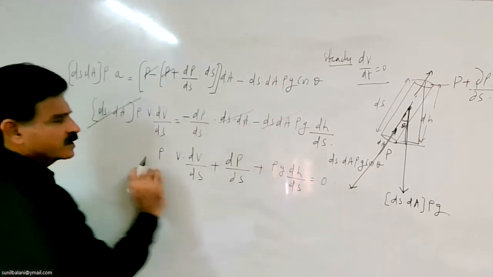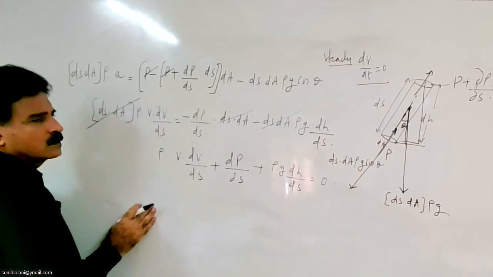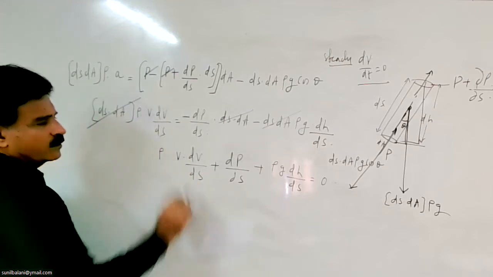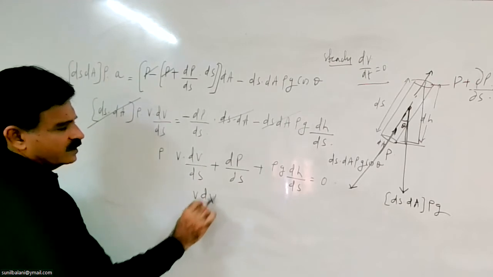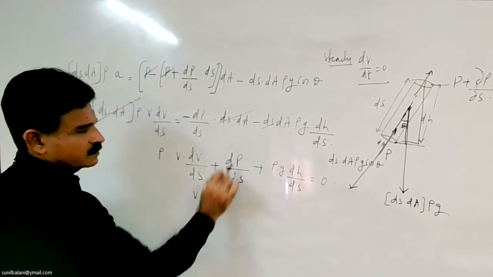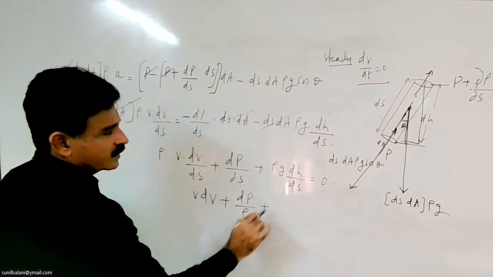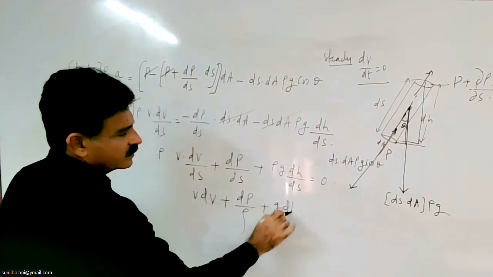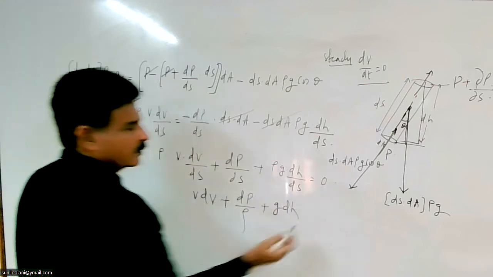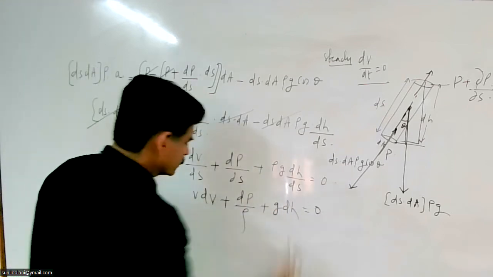So now if I arrange it and divide everything by rho, then what I can get? From here I will get v dv, from here I will get dp by rho, and from here I will get g dh. ds is gone, and this is equal to 0.